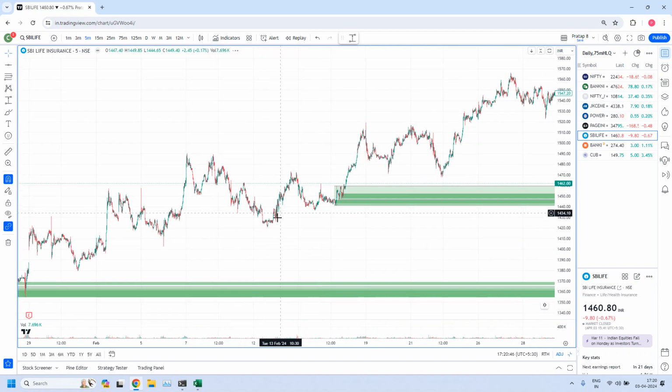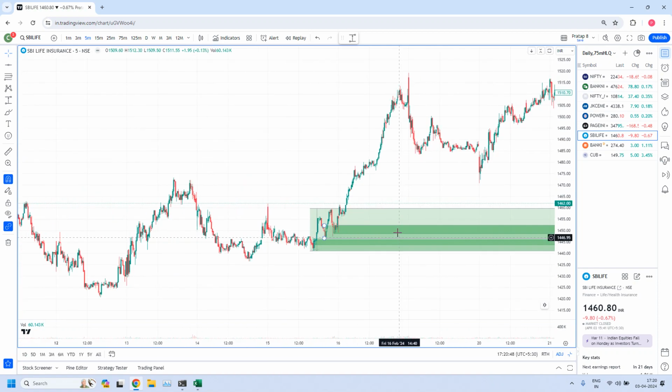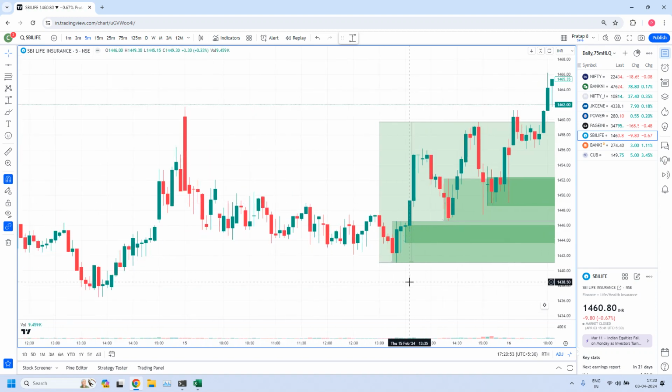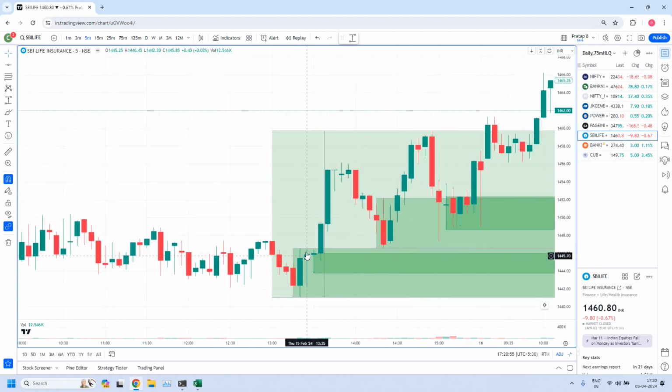Inside we have identified 3 15-minute zones, so for each 15-minute zone we have identified a 5-minute zone. This is an ERC candle as a leg candle, base candle, rally and follow through. So this is one 5-minute zone.